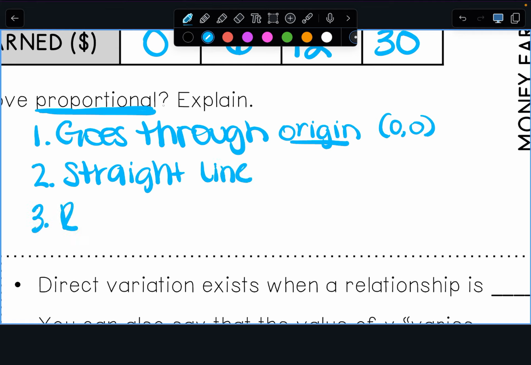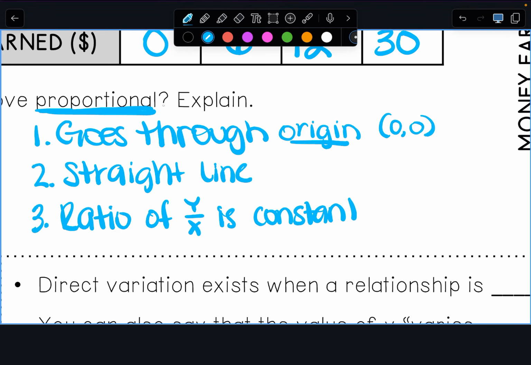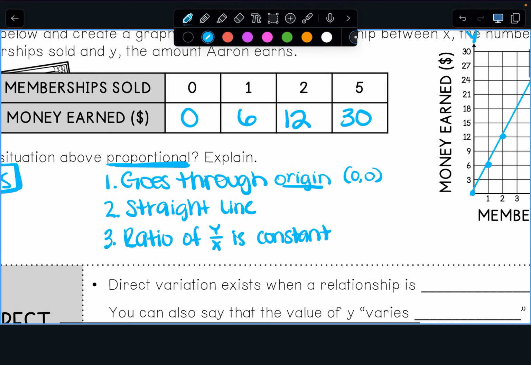And for 3, the ratio of y over x must be constant. When you divide each individual point, excluding the point where you have 0, 0, if you divide y by x, it has to be the same every single time.